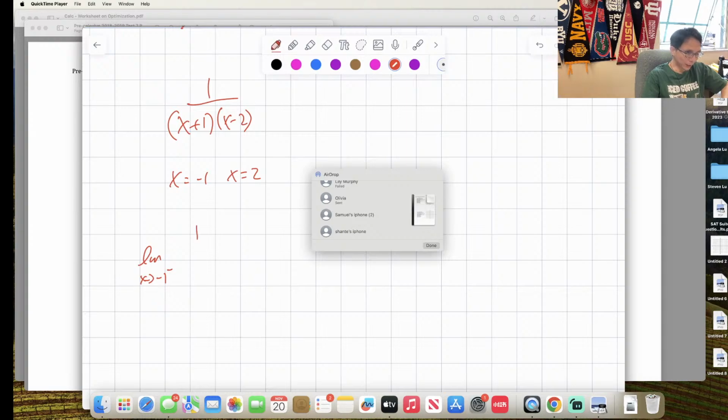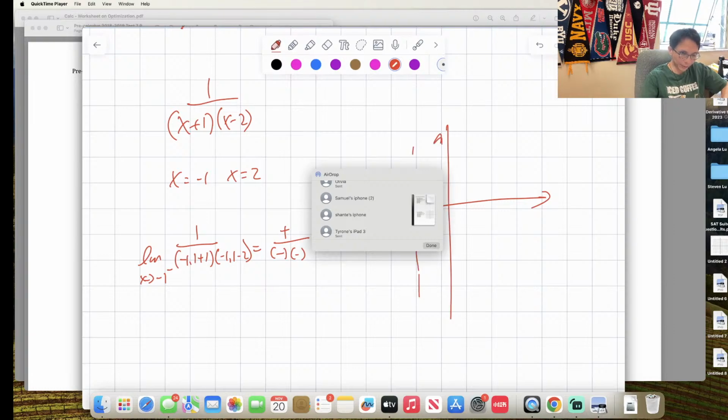What number am I going to plug in? -1.1. So it'd be -1.1 plus 1 and -1.1 minus 2. That's positive over negative, which is negative infinity. So as you approach -1, the graph is going to go here.